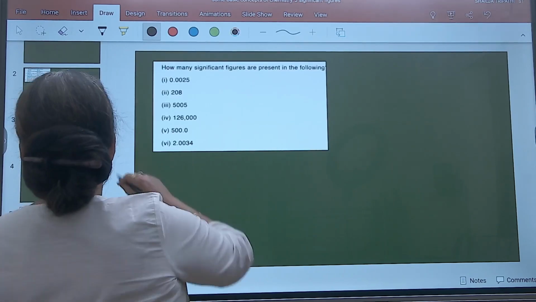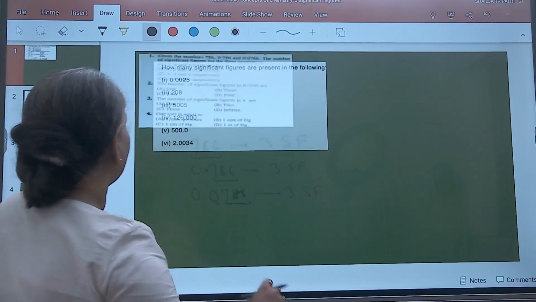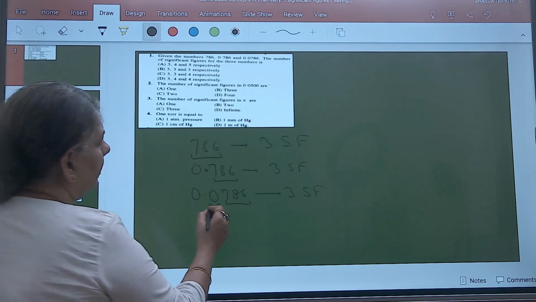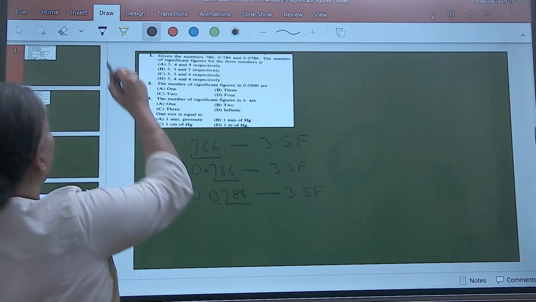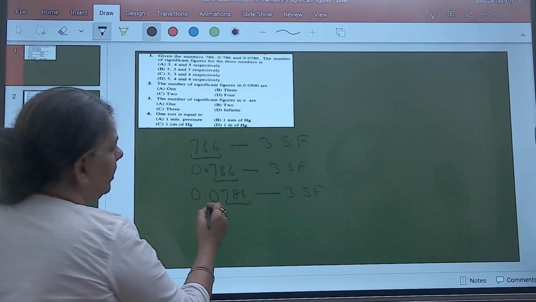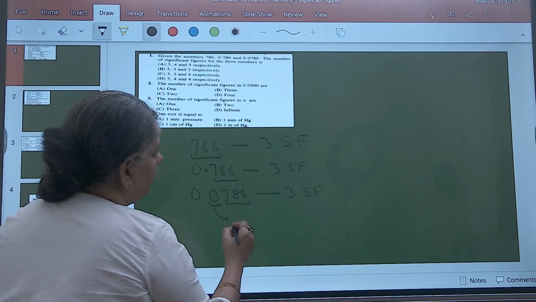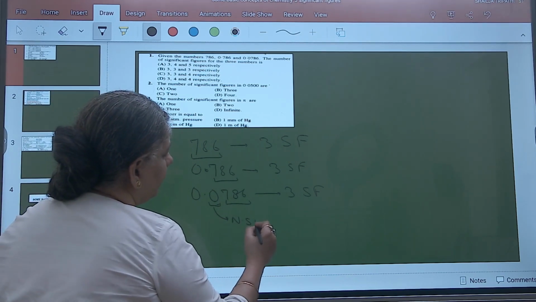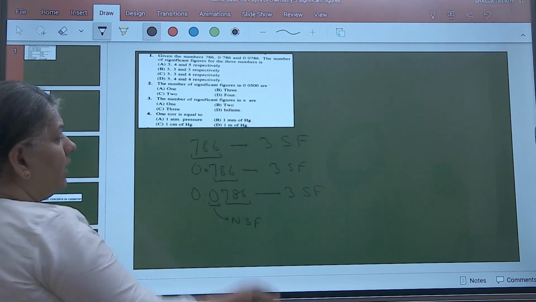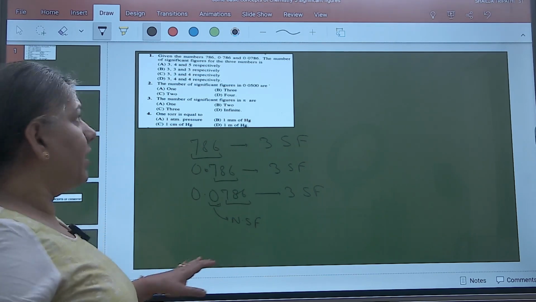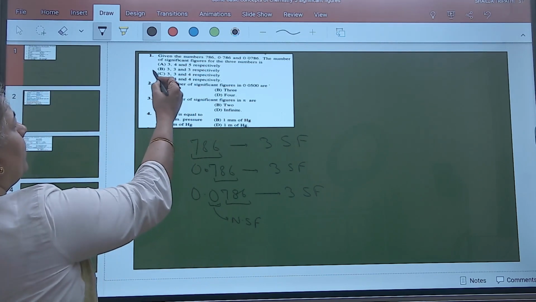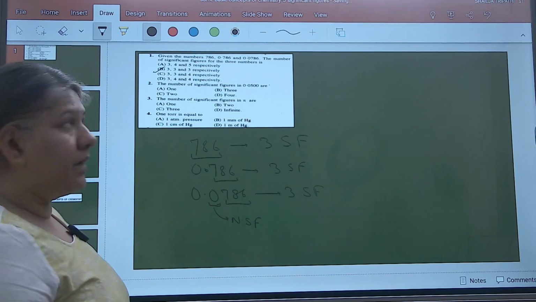Hence this 0 is non-significant. So all the three numbers have three significant figures. So option B is correct.